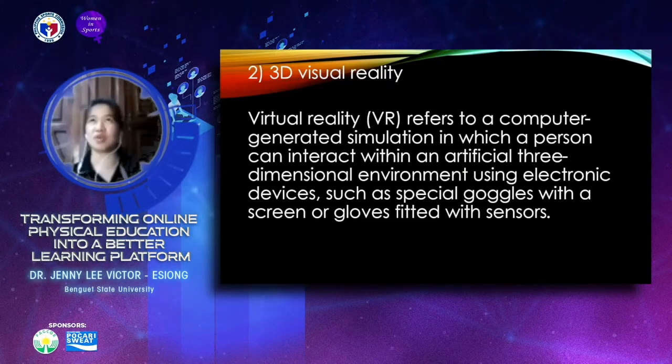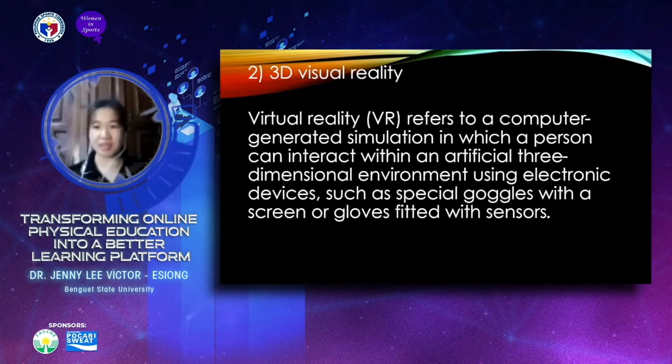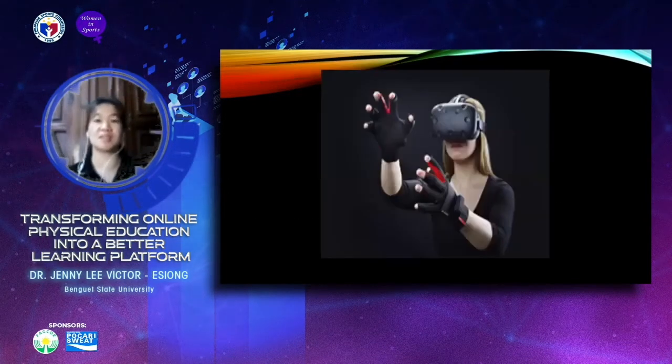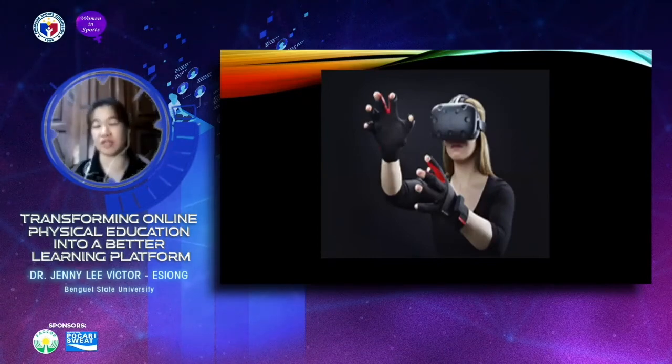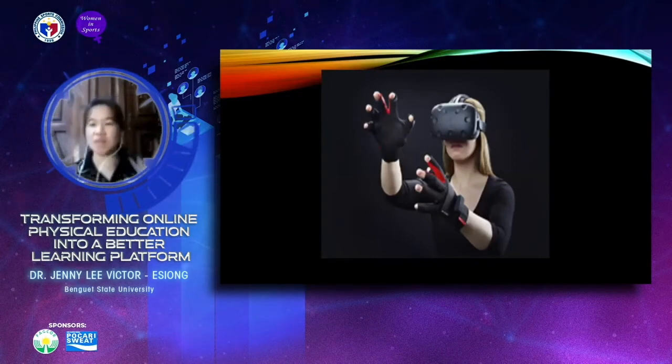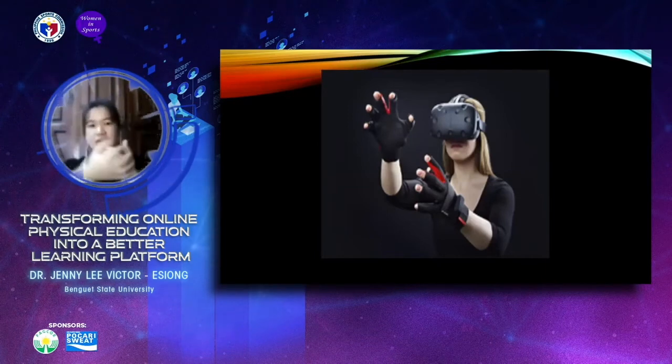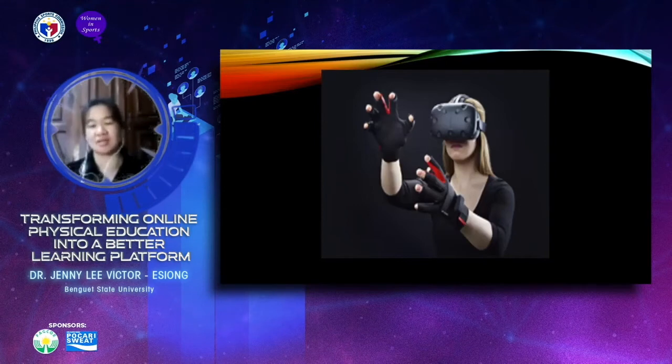If you remember your Xbox, your Wii, it's something similar to this. So this is the picture of a person in 3D or virtual reality. The moment she puts on her goggles and her sensors, it's as if she is in the actual scenario itself.